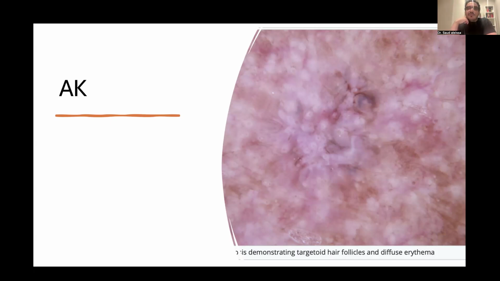Usually we expose them to either blue light, around 400 nanometers, or red light, which is slightly better because red light is around 630 nanometers, I think, and it goes deeper into your skin. So it can hopefully remove not only actinic keratosis, but maybe squamous cell in situ, etc.